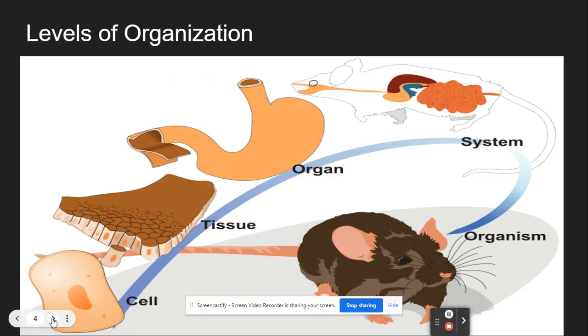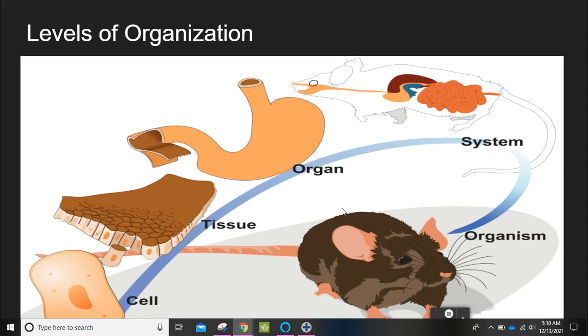So the first thing that we had covered in this unit was levels of organization. Remember, the smallest, least complex thing that is living is a cell. Those cells together make up tissue, and then tissue together makes up organs.